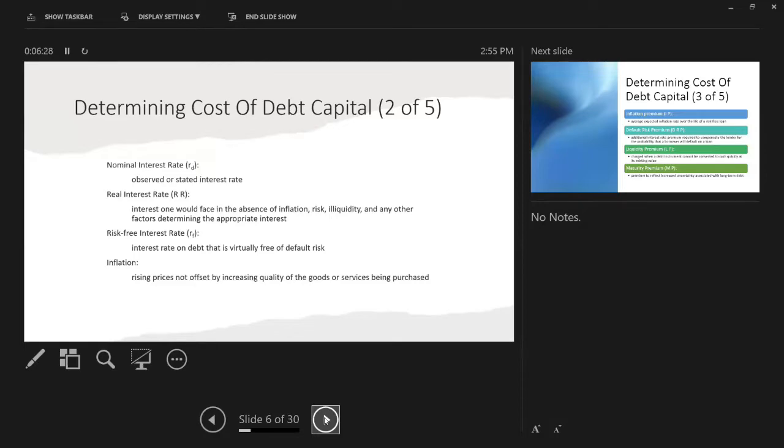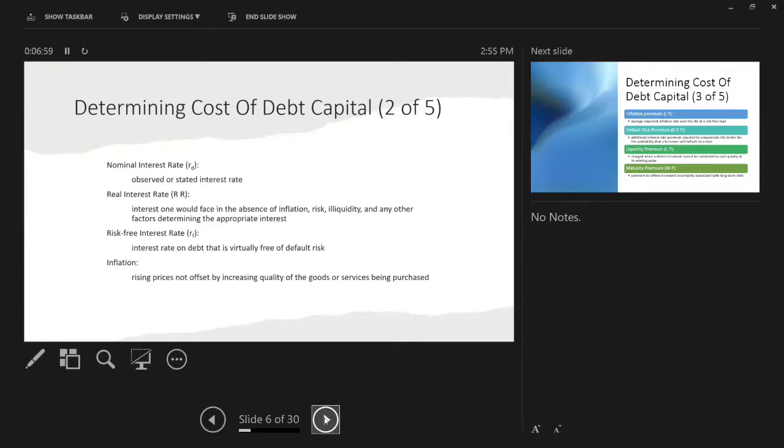But the real interest rate, which is very important, is the rate in the absence of inflation, risk, liquidity, and any other factor determining the appropriate rate of interest. So the real interest rate excludes inflation, the risk factor, the liquidity factor, and other factors that may contribute to the appropriate interest rate for a business.